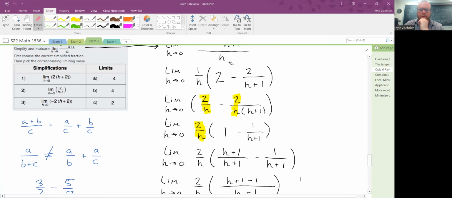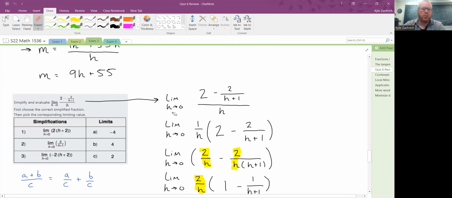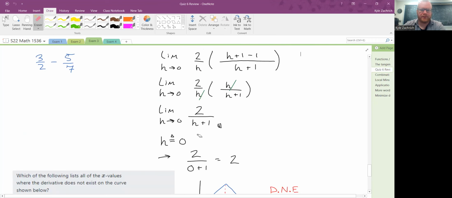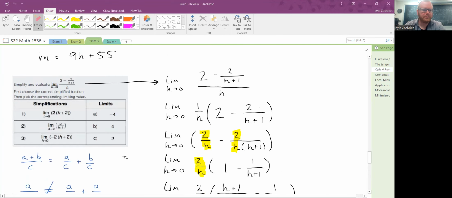So all of these are going to require some amount of algebra to get to that point. But once you do, you'll have a simplified version of this. That would be your 2 divided by h plus 1. That'll be this one here, so you would choose number 2.